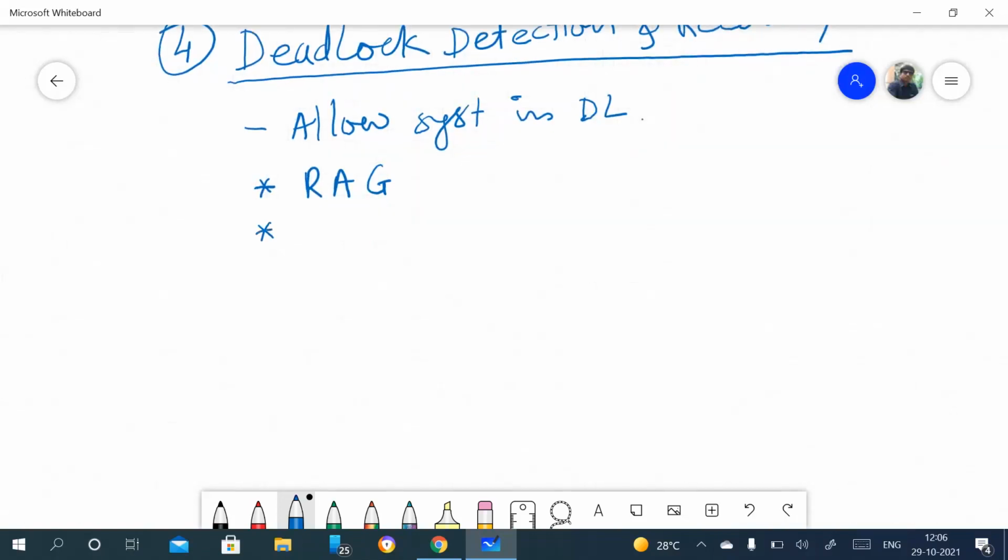Or we can detect it with the wait-for graph. With this we can detect the deadlock, and again we can use the banker's algorithm.